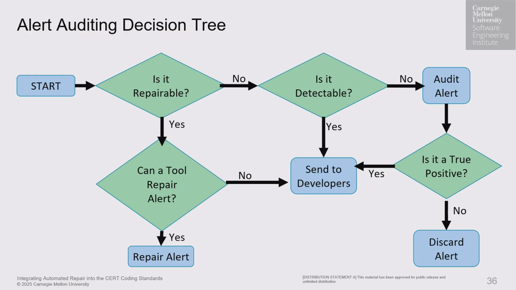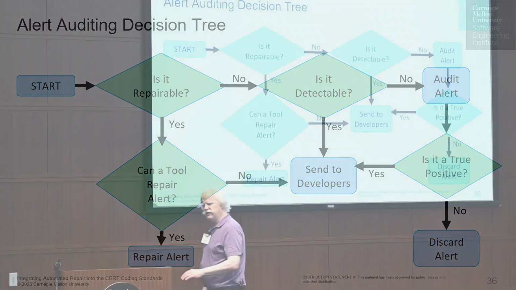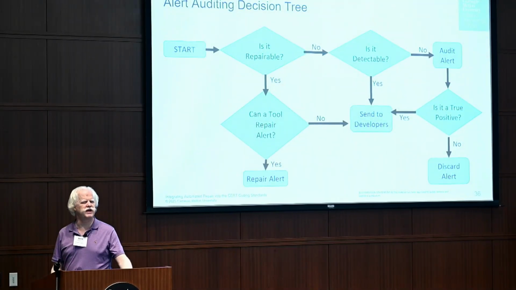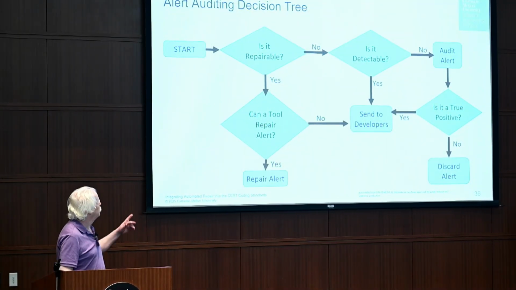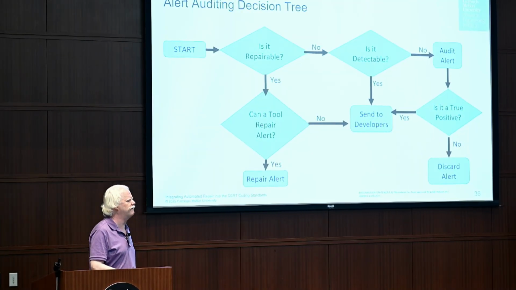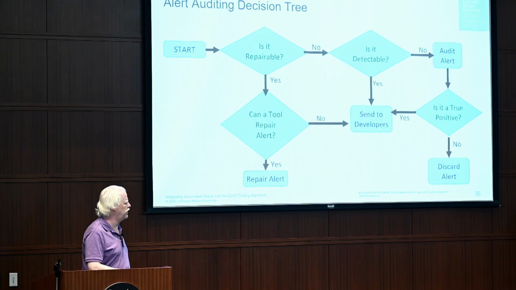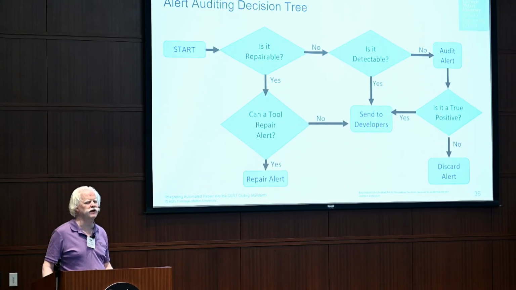So it's only for the alerts that are neither repairable nor detectable that require an auditor's time to look at it. In other words, by applying this change to the remediation cost definition, we basically reduced the set of rules we have by, well, officially by 3 out of 4, 75%. And that should hopefully make the audit process a lot simpler and speedier.